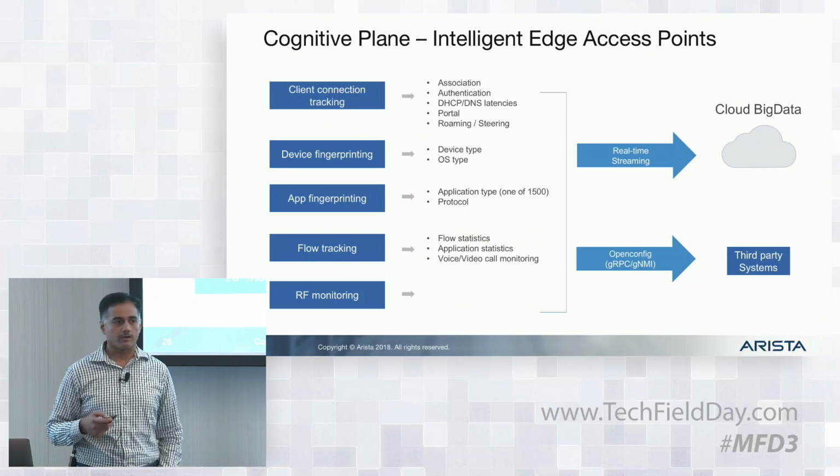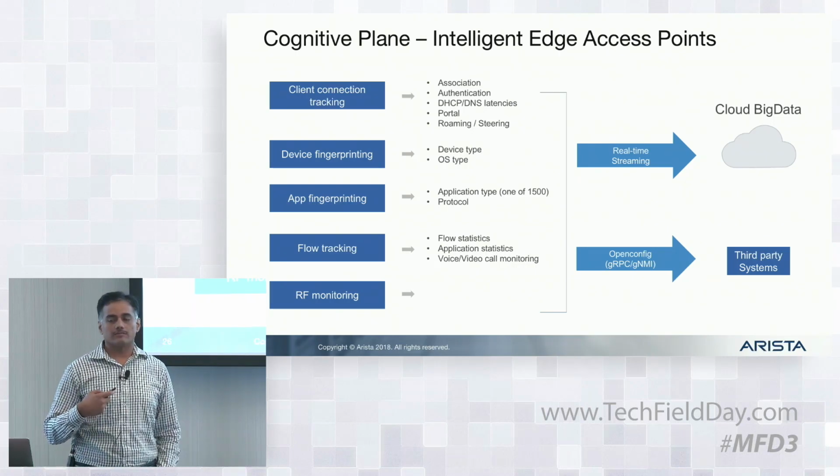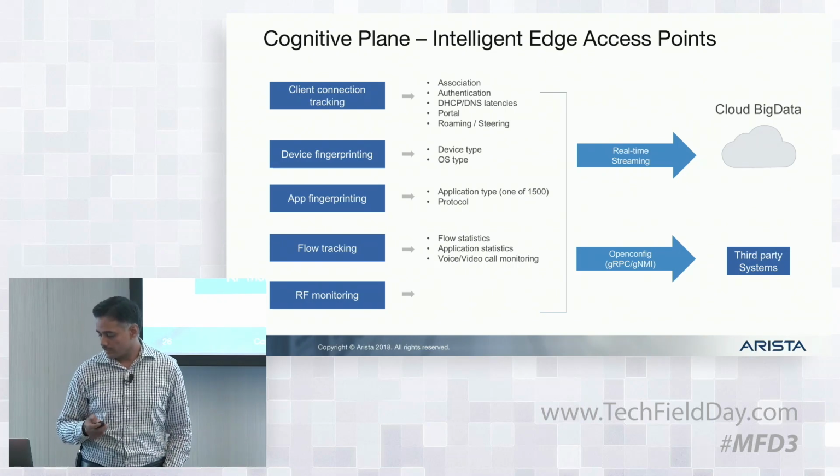So there is a flow tracker module that looks at each and every flow passing through the AP. The flow is initially passed to an application fingerprinting module that does DPI of the packets, and it assigns one of 1500 application types and protocols to each flow. Once that is done, the flow tracker module takes over again and starts tracking that flow, collecting statistics about that flow and so on.